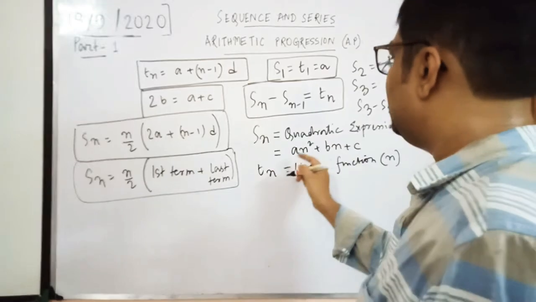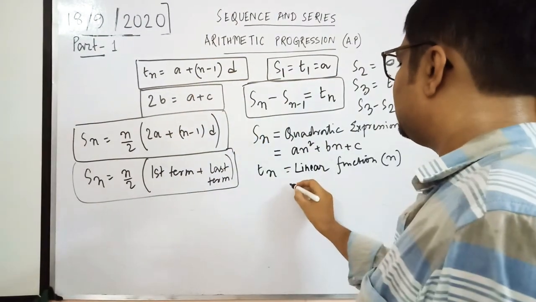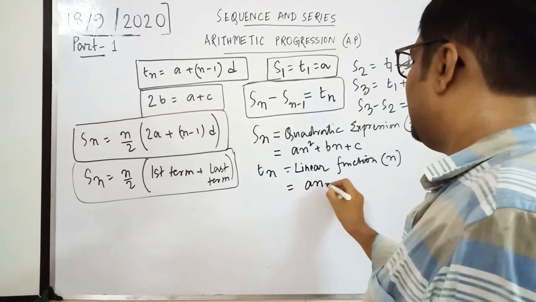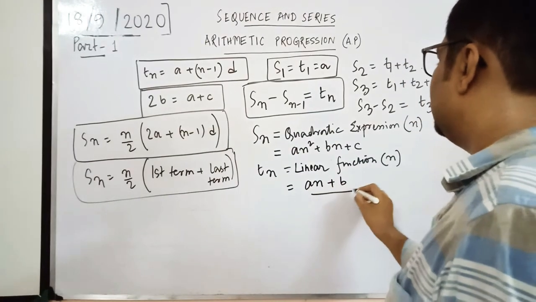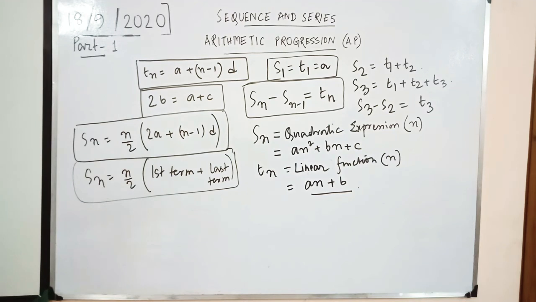Because here I can see something like an plus b, kind of this. So always remember, whenever the expression is in terms of a quadratic, it is a summation function. In terms of n square you get a quadratic, and from a linear function you will never get a quadratic for term values. Sometimes the general expression is given and we need to put values to generate these terms, so that's why I am saying this.